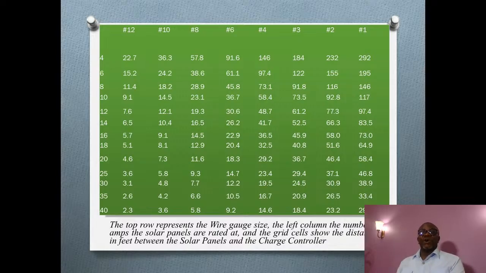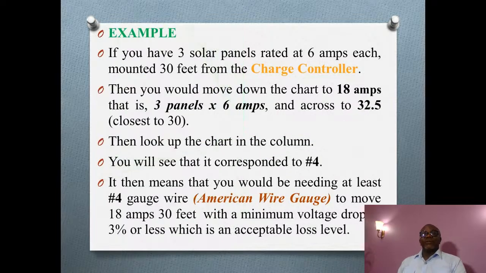We follow it up because we are told that the top row represents the wire gauge. If we follow that 32.5 up, it gives us 4. So we are going to make use of number 4 gauge AWG. That is the rating of the wire we are going to use to get the best performance.